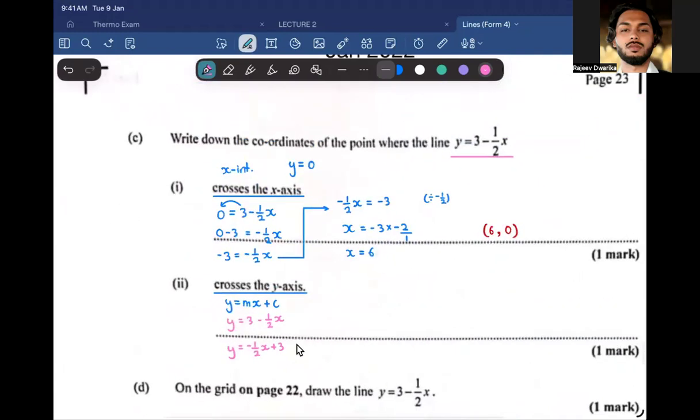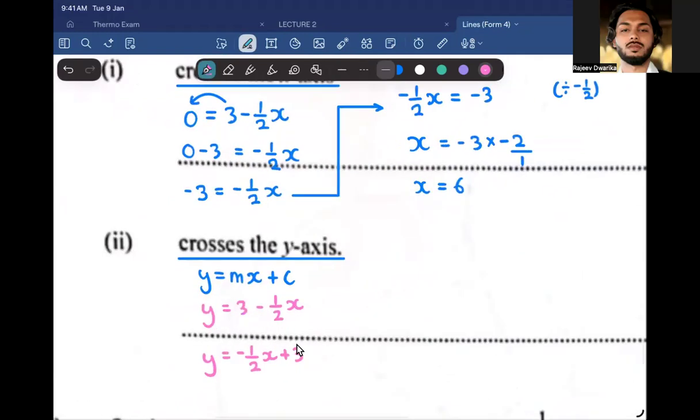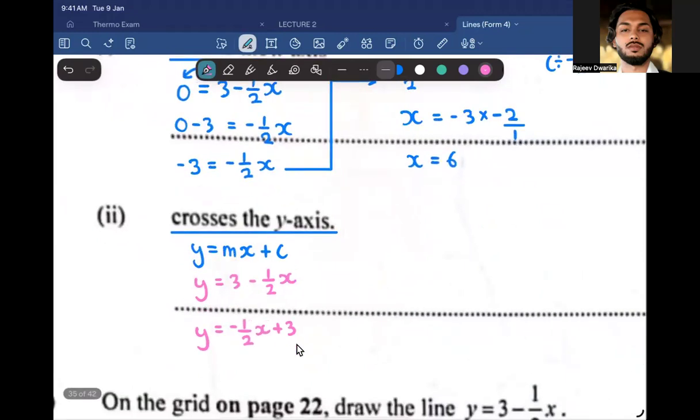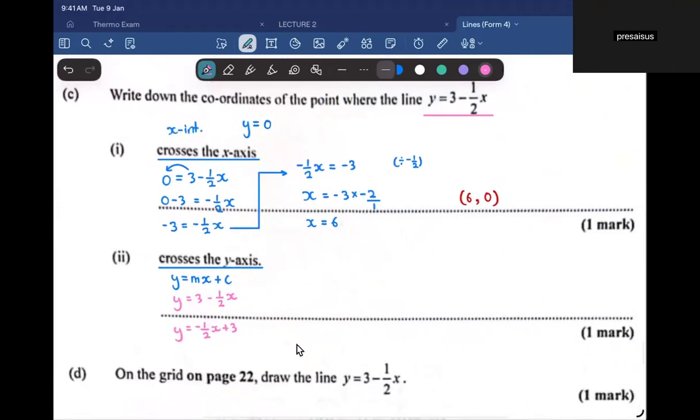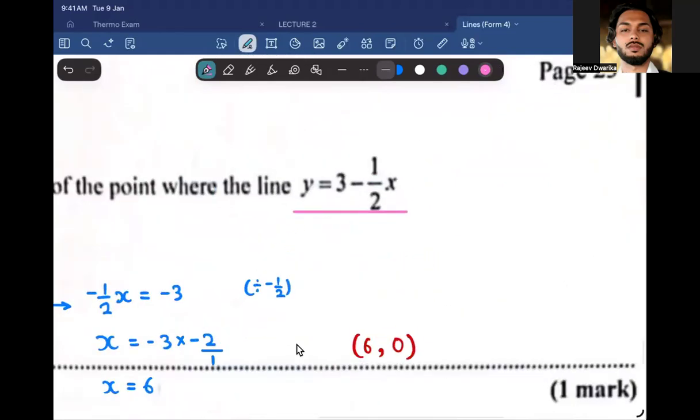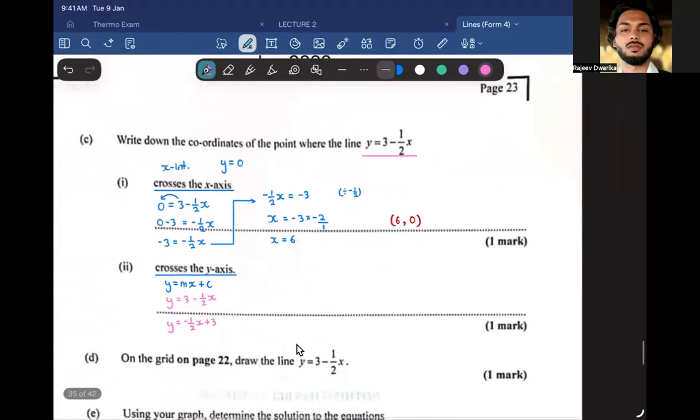Priscilla, you told me 3 at the start. Yes, sir. That was correct. But did you know that you had to do this? Wait, I had to do all that for 1 mark? No, you don't have to do all of this. If you can see that this is c, you should be fine. But I want you to understand what you're doing.